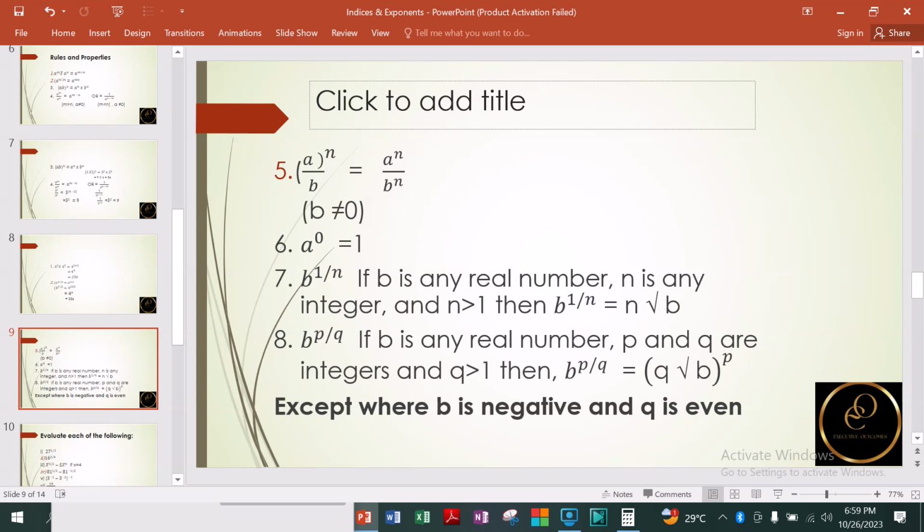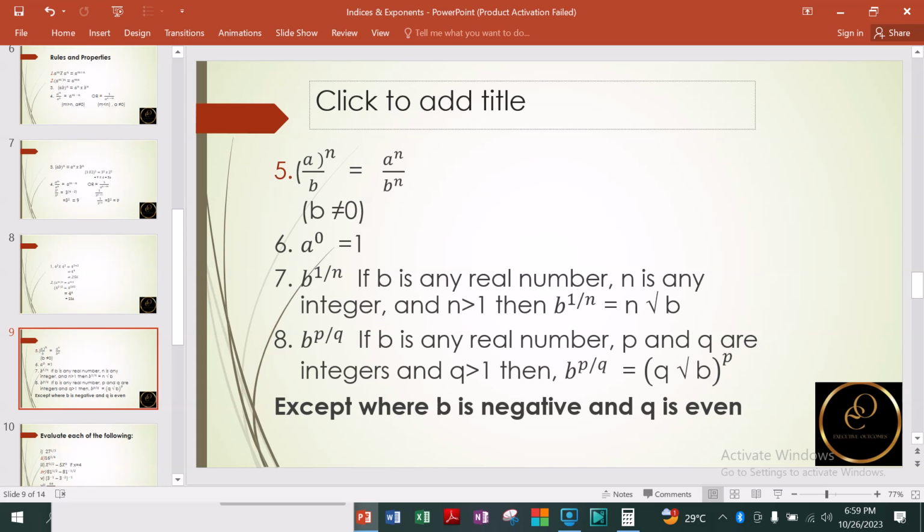What it means is that just like we distributed n when there was A multiplied by B, even here you must distribute n, the exponent, to the numerator as well as the denominator.